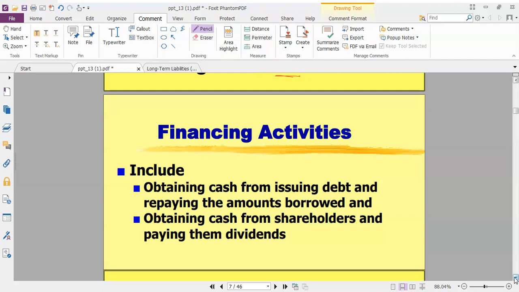So that is the financing activities: how much cash we get from the shareholders, and how much we borrow from the financial institution. We must include these under financing activities.